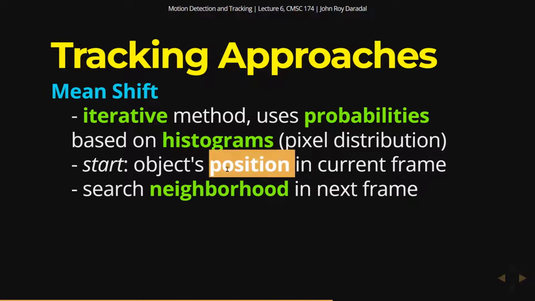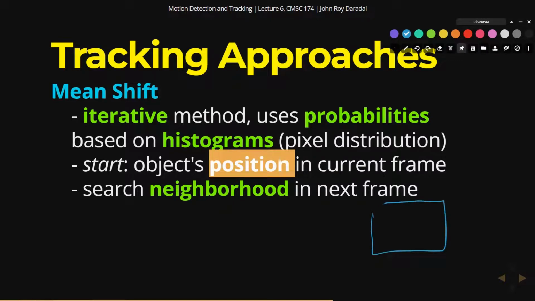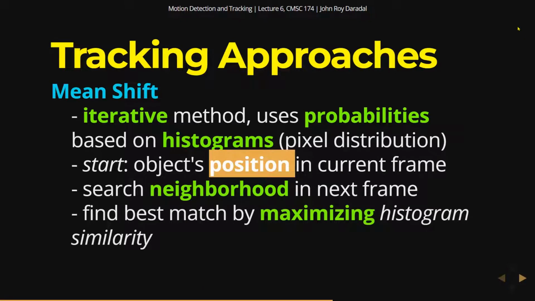So if this is your position, let's say for example, you know that in this frame your object is somewhere here. So in the next frame, you will also start at this neighborhood. Okay, so maybe around here. Okay, so you will start search at that neighborhood because you know that your object was somewhere there in the previous frame. Okay, and then you will find the best match by maximizing histogram similarity.